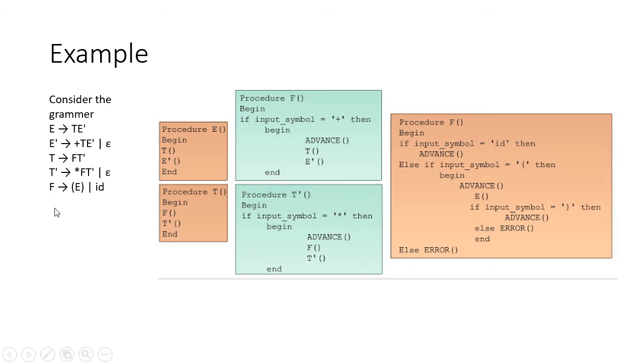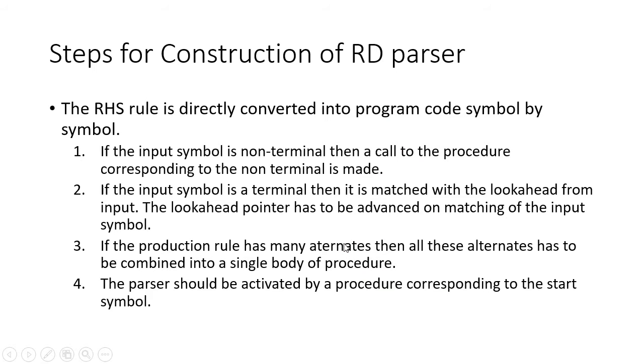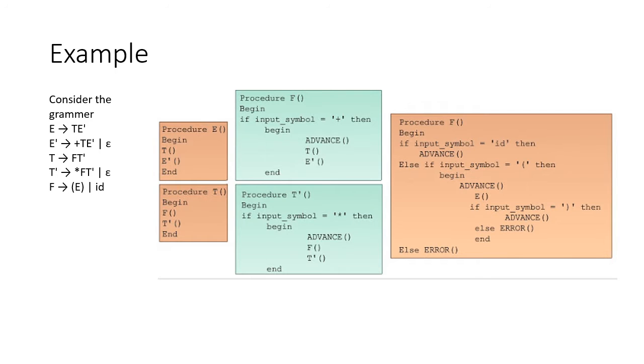If you look at T dash, you can see that if the input symbol is an asterisk, then advance. If you see the rule again, if the input symbol is a terminal, then it matches with the lookahead from the input. So if your input is asterisk, then it can advance forward, and then it can go to F, then T dash.